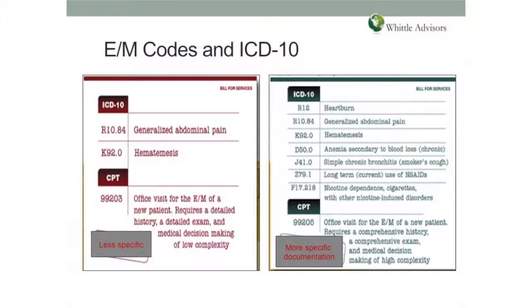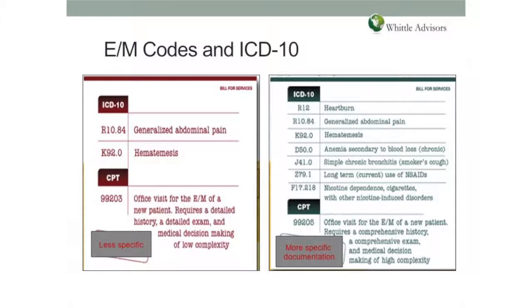For ICD-10 on this side, we have captured the generalized abdominal pain and hematemesis. And then finally, the CPT code at the bottom is an office visit for the EMM code for a new patient requiring a detailed history, detailed exam, and medical decision making of low complexity. You see this is a 99203.